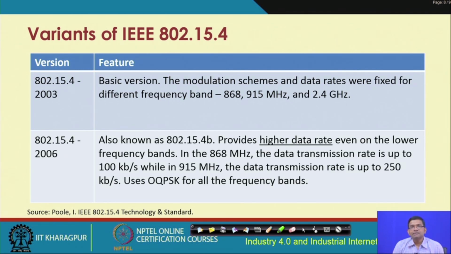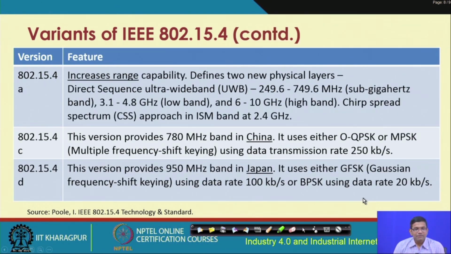In 2006, the next variant came, popularly known as 802.15.4b, which is about offering higher data rates compared to the previous version. Then we have the next one, 802.15.4a, which talks about increasing the range capability.